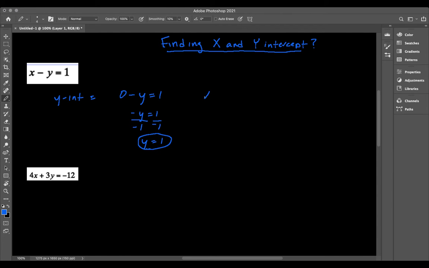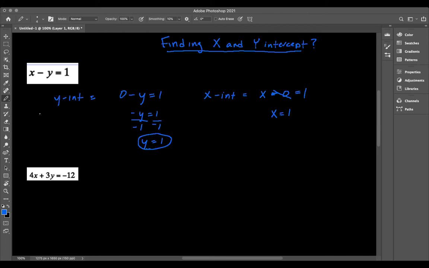Okay, and then for the x-intercept, we would do the exact same thing. So again, I'd put 0 in for y: x minus 0 equals 1. All right, so this cancels, so x equals 1 is the x-intercept in this situation.